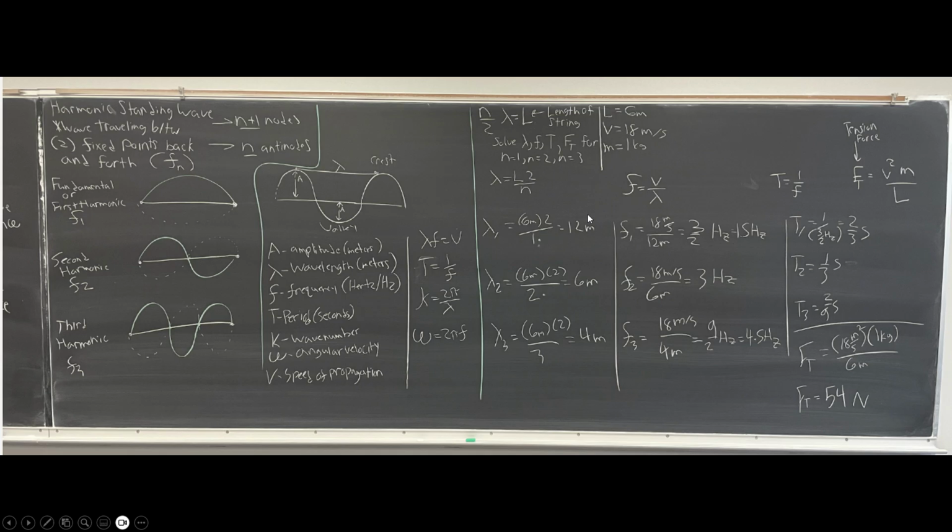So in that case, no matter whether it's the first, second, or third harmonic, our tension force only depends on our speed of propagation, 18 meters per second, all of that squared, multiplied by the mass of the material, 1 kilogram, divided by the total length of the material, 6 meters. And a meter squared per second squared times a kilogram divided by a meter gives us kilograms meters per second squared, or a newton. And our tension force for all 3 examples would happen to come out to be 54 newtons.